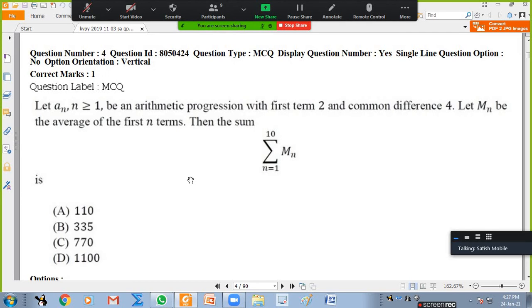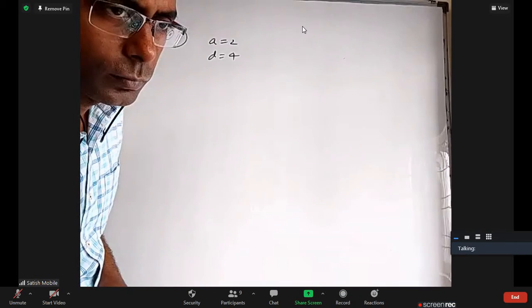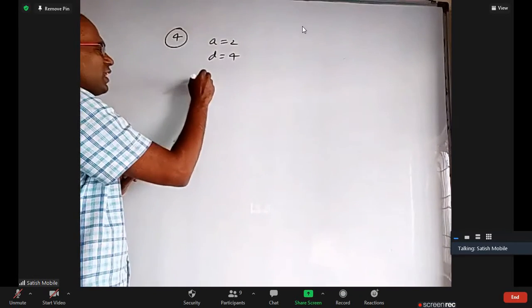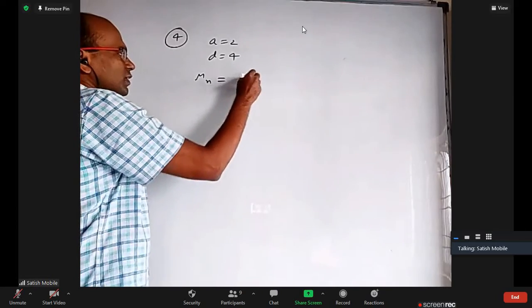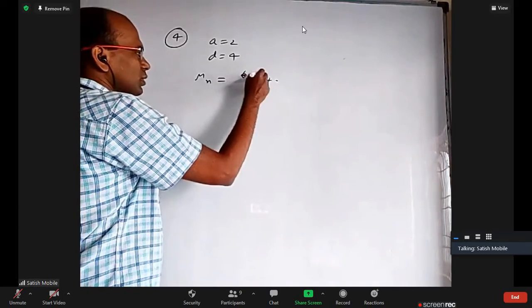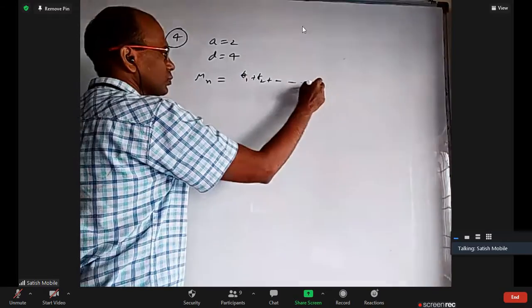Okay, fourth question. They said the first term is 2 and the common difference is 4. And Mn is the average of the first n terms. So here they defined Mn as T1 plus T2 so on up to Tn, by n.